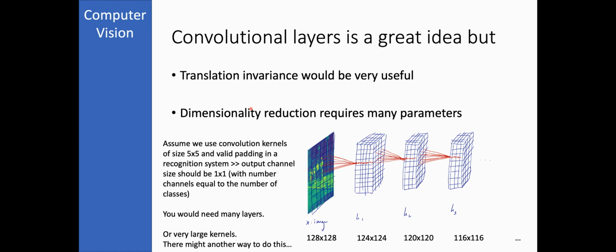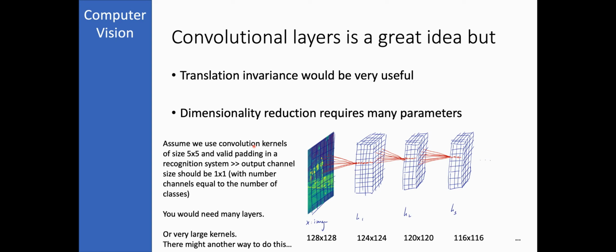Now, the convolutional layer is a great idea, but there is actually a problem. First, as we said, in order to achieve translation invariance, we need something more. And related to this, the dimensionality reduction requires many, many parameters. So assume that we have this image and assume that our goal is to do recognition.